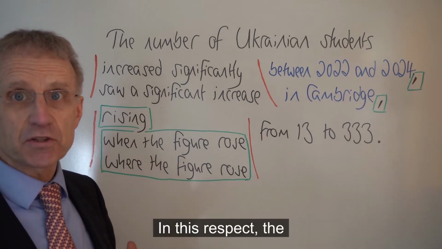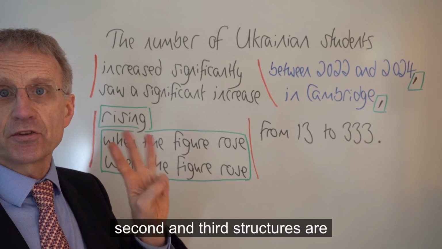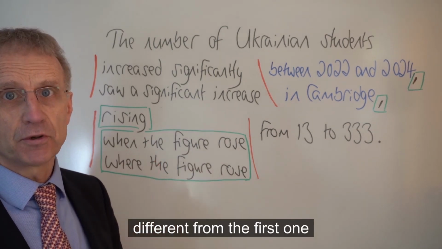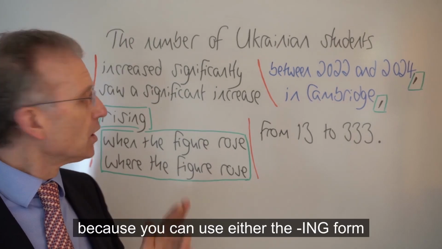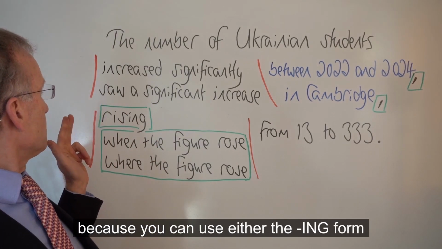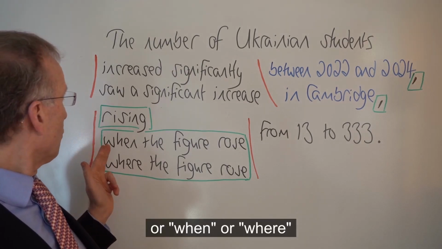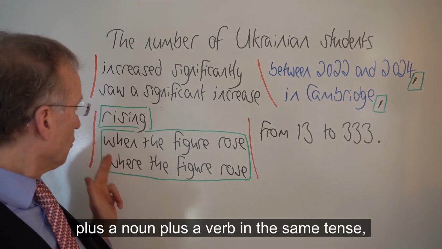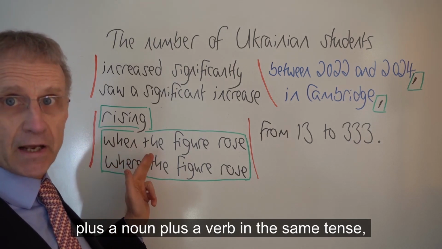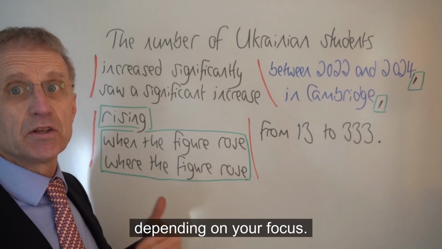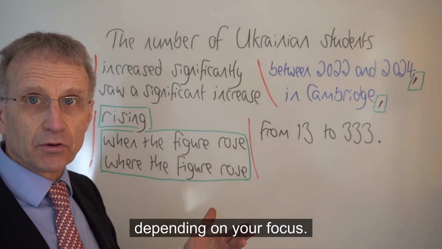In this respect, the second and third structures are different from the first one, because you can use either the ing form or when or where plus a noun plus a verb in the same tense, depending on your focus.